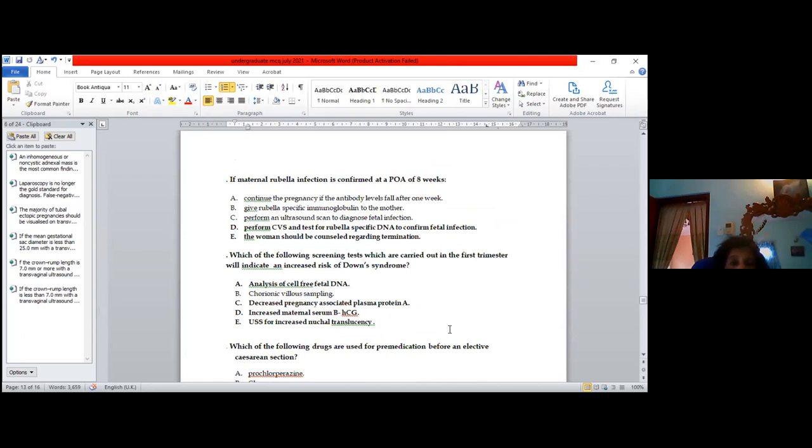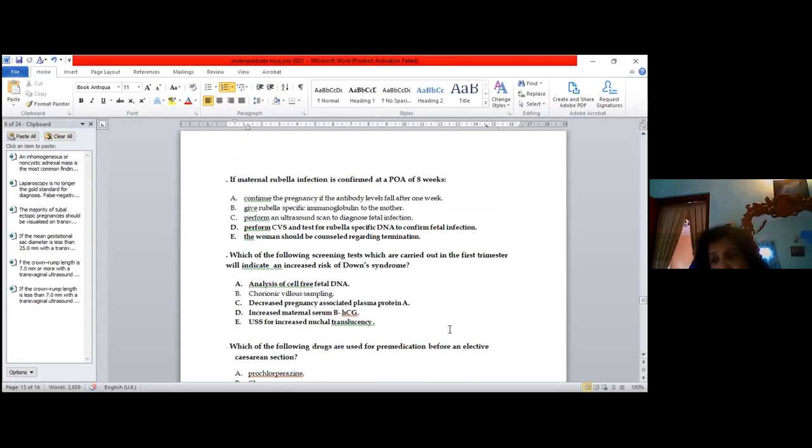Now, maternal rubella is confirmed at a period of 8 weeks. How do you confirm maternal rubella? By the presence of IgM or a fourfold rise of IgG. So when a woman comes saying she's been exposed to rubella, if you are not sure of the immune status, you should do the IgM and IgG.